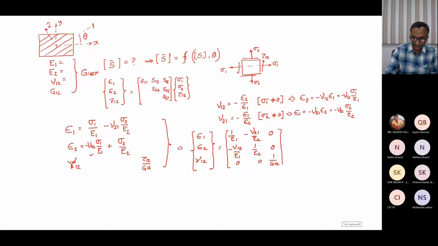So from this you can actually make out what are the elements of the S matrix in terms of the 4 engineering constants.